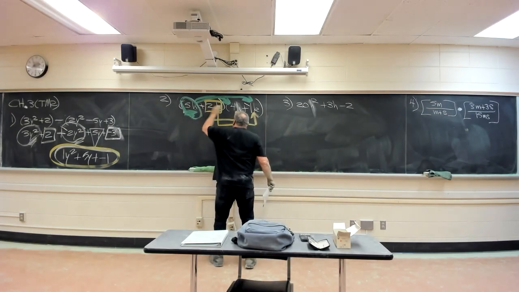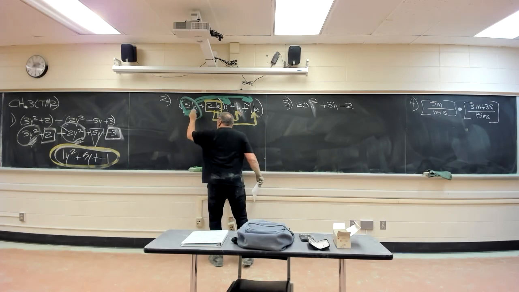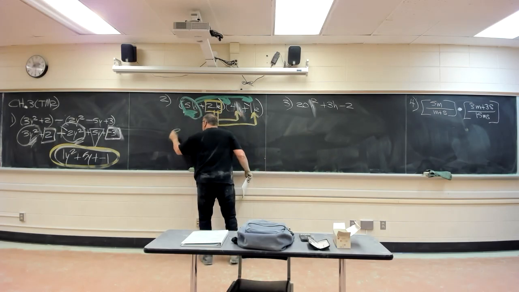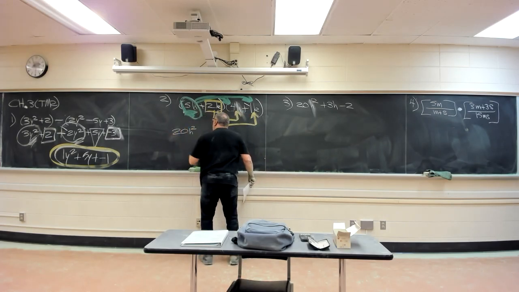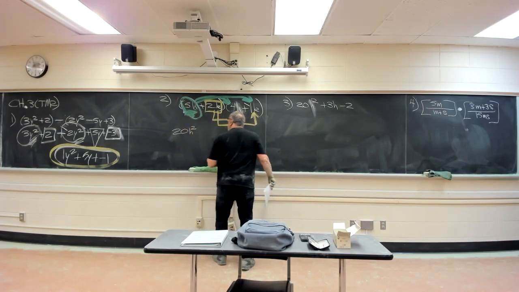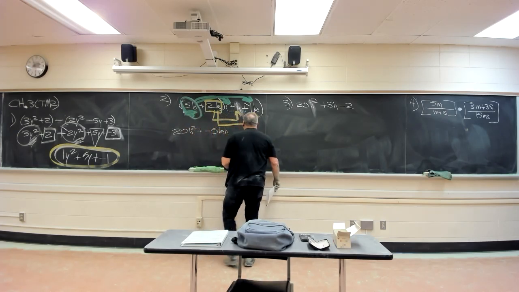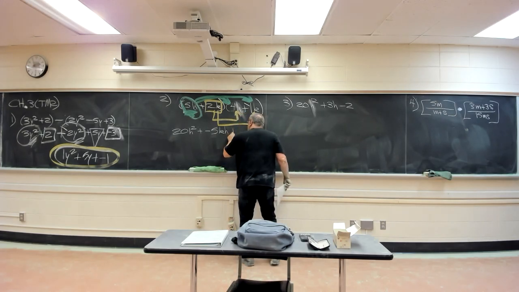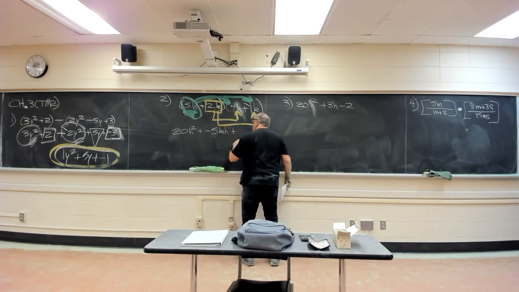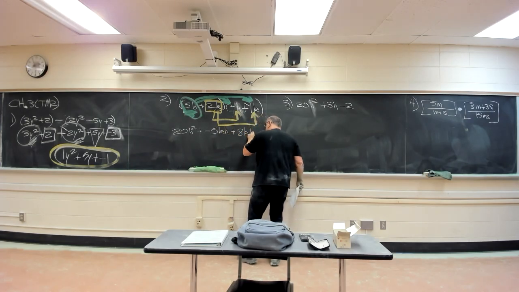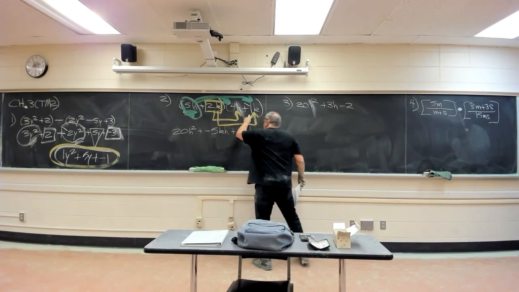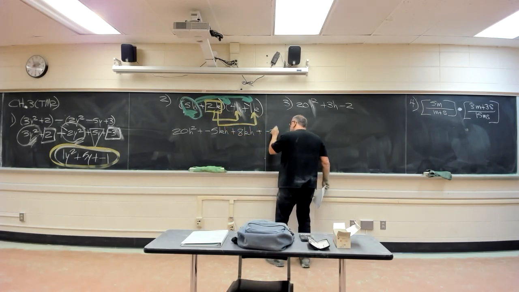We got 5h times 4h. 5h times 4h is 20h squared. We got 5h times negative 1k. That's negative 5kh. 2k times 4h is 8kh. And 2k times negative 1k is negative 2k squared.